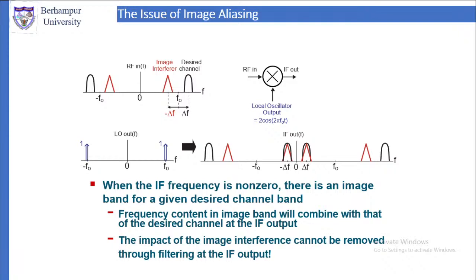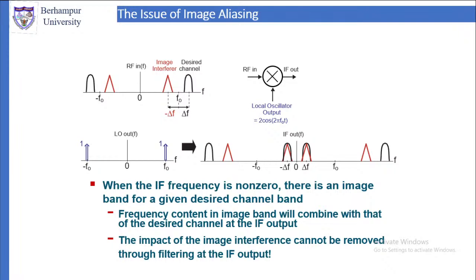The left hand figure is the spectrum of the LO output, local oscillator output. So the spectrum of the local oscillator output is on the bottom left. If you multiply these two, the top left and bottom left, then what I will get is the bottom right hand side.